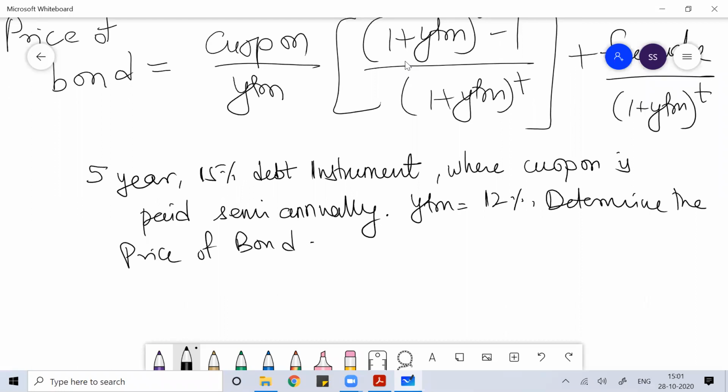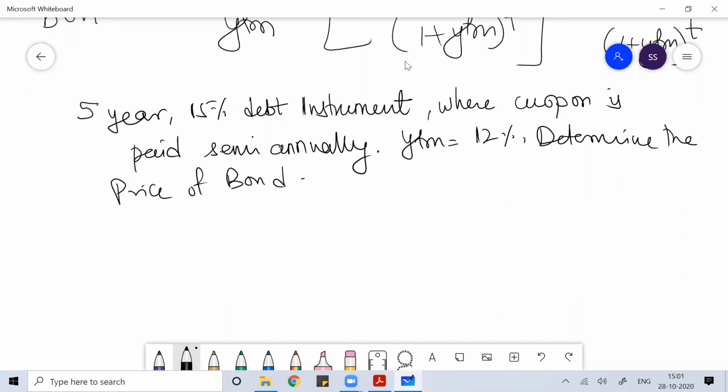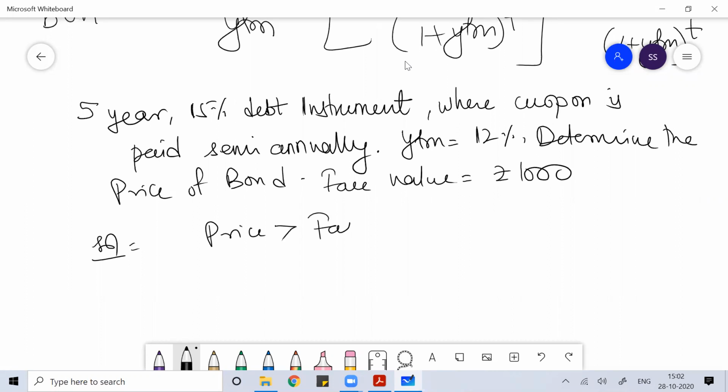Here is a very important thing you need to understand whenever you see a problem: without doing calculation, I can say that, suppose the face value is 1,000 rupees, the price will be more than the face value.